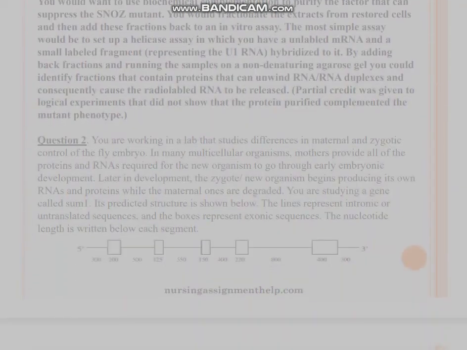You would want to use biochemical complementation to purify the factor that can suppress the SNOZ mutant. You would fractionate the extracts from restored cells and then add these fractions back to an in vitro assay. The most simple assay would be to set up a helicase assay in which you have an unlabeled mRNA and a small labeled fragment, representing the U1 RNA, hybridized to it.